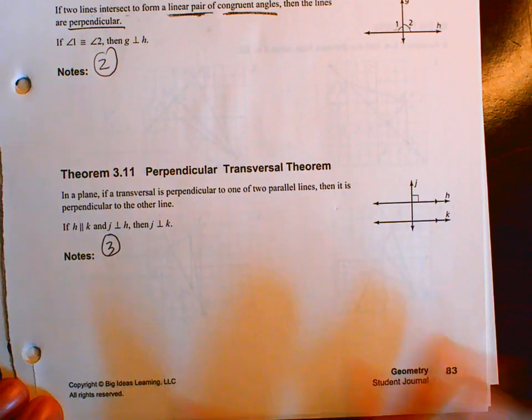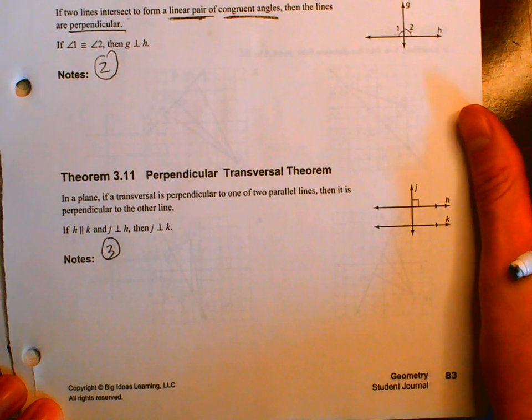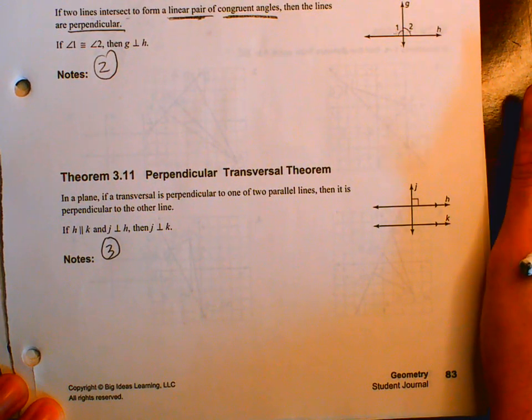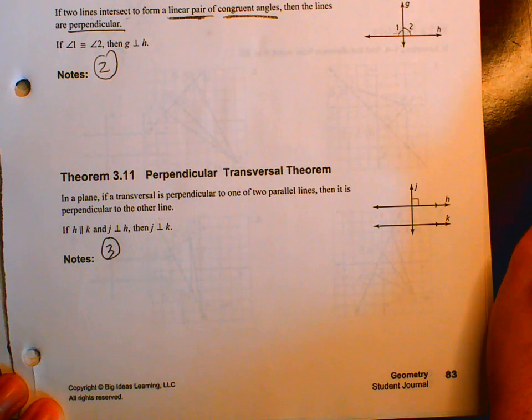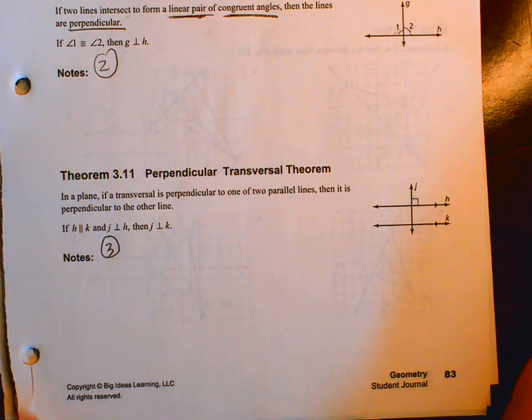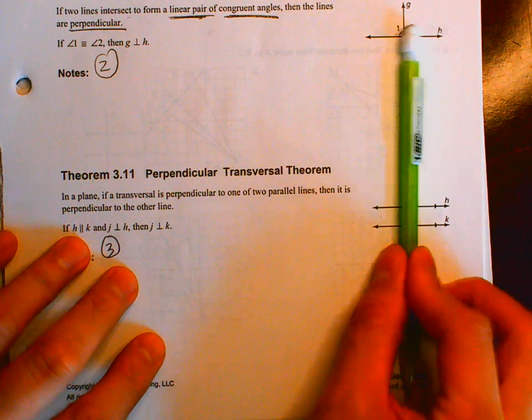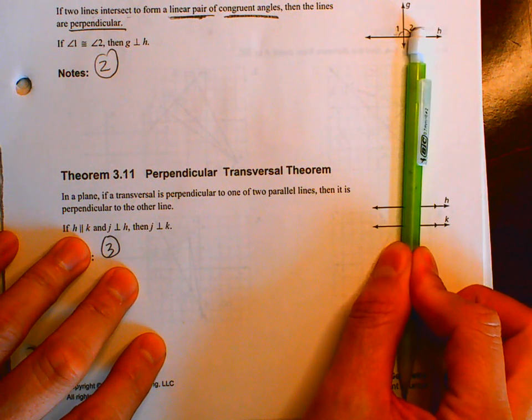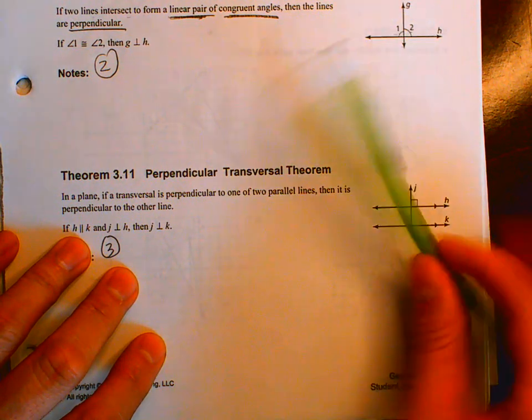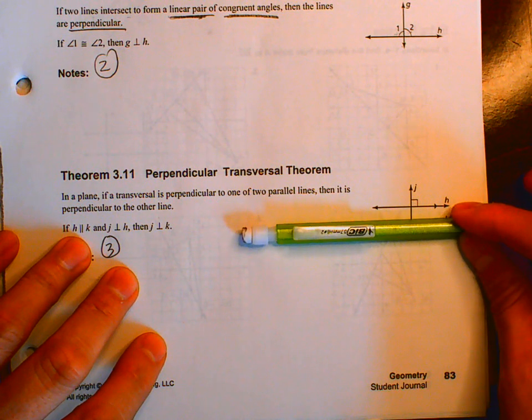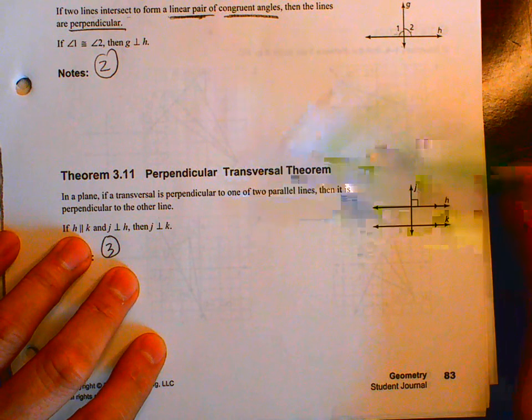Now, on this one, it says in a plane, because remember, parallel lines are in a plane, if a transversal is perpendicular to one of the two parallel lines, then it is perpendicular to the other. What does that mean? It means this. If you have these two lines right there, and you have a line that is perpendicular to the first line, well then that line J is going to be perpendicular to the second line.